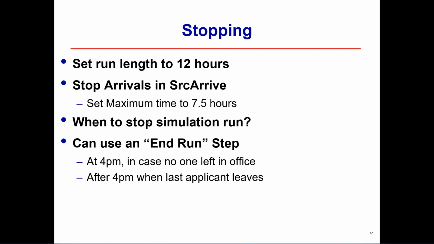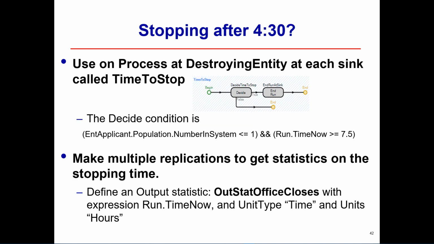At 4 p.m., in case there's no one left in the system and the current simulation time is after 4 p.m., then we should stop the simulation. We're using an add-on process right here to do that. We check whether the number of entities in the system is less than 1 and the current simulation time is greater than 7.5 hours.